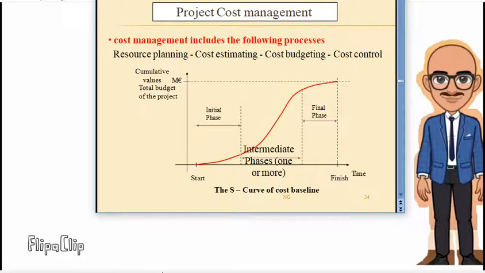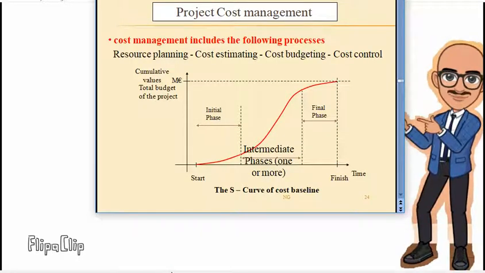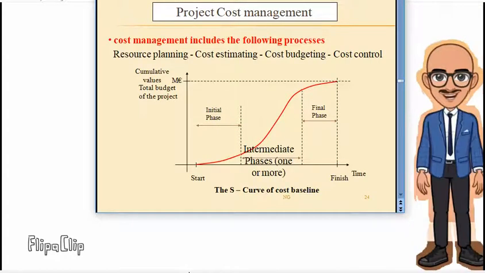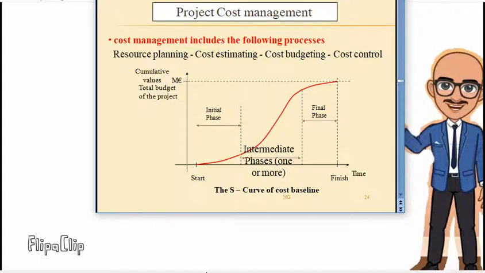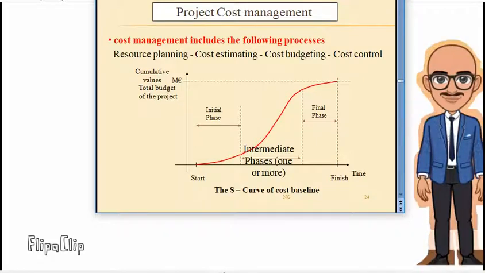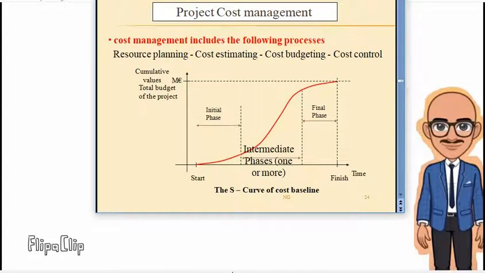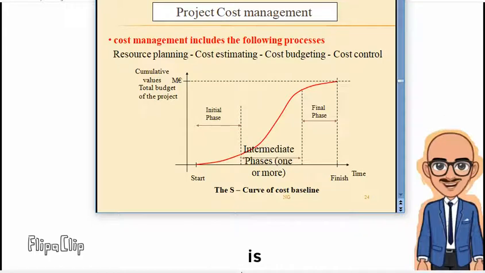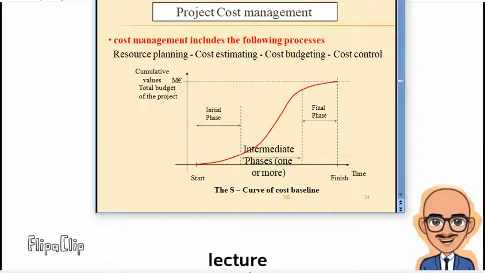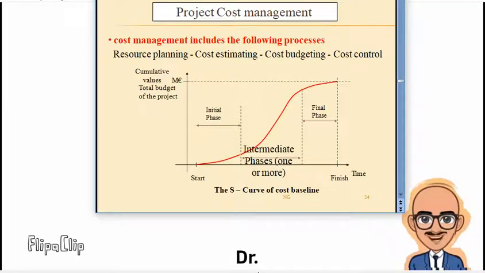When you start implementing the project, the cost keeps increasing, and in the final phase it goes to the top. So at the beginning the cost is really less, then it starts to increase, and in the final phase the cost becomes more.